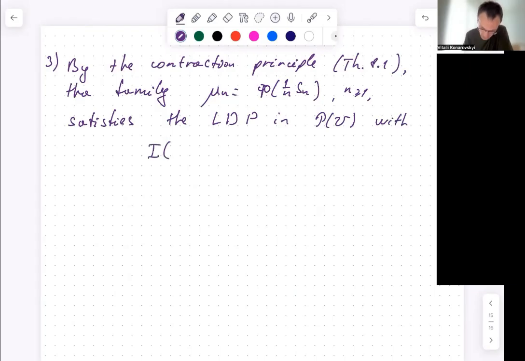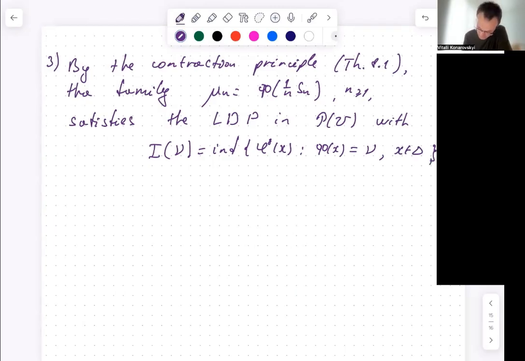Let me write I(mu) equal to the infimum over all rate function, that is phi star of x, such that phi of x is equal to nu, for x from delta.